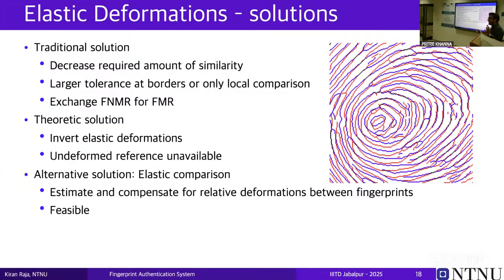The security. So if you're trying to improve the convenience, your security will go, right? So that is a problem. And you can see that FMR and FNMR, you had the lecture this morning, where you saw that FNMR and FMR are connected. So if you compromise on one, you'll compromise on the other. Okay, so what can you do?